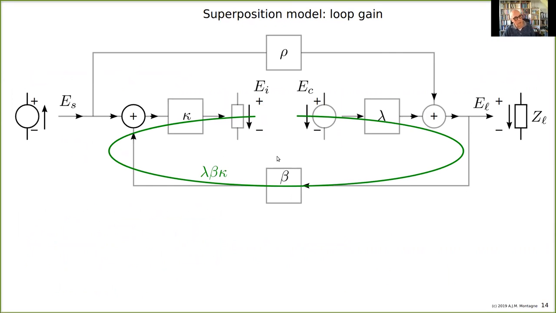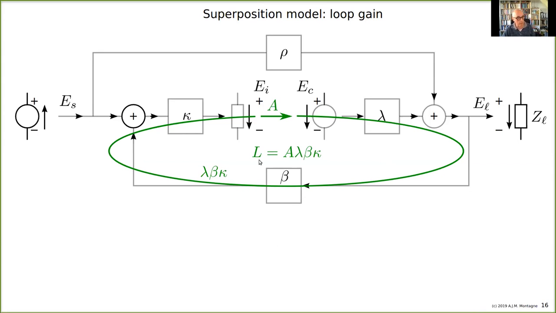If there's a transfer beta, then you see there is some transfer from the controlling quantity to its own input. And because it was controlled by the input, it tells you that there is a loop. So this closes the loop, and the product of A, lambda, beta, kappa can be seen as loop gain.